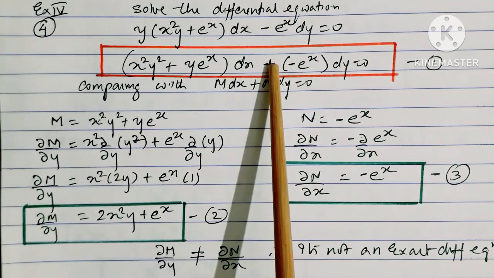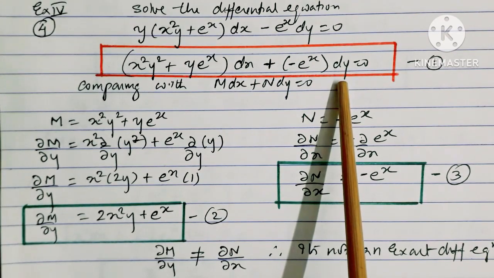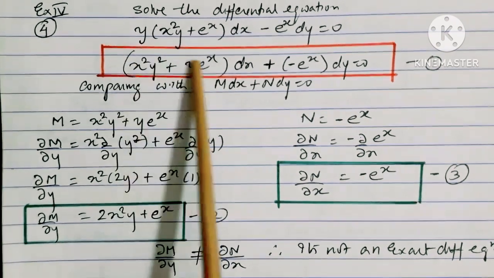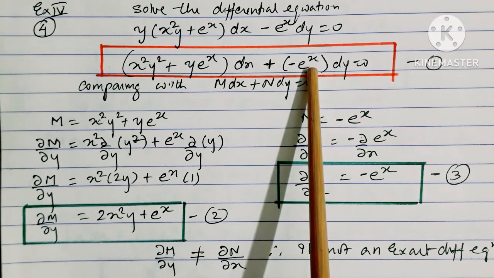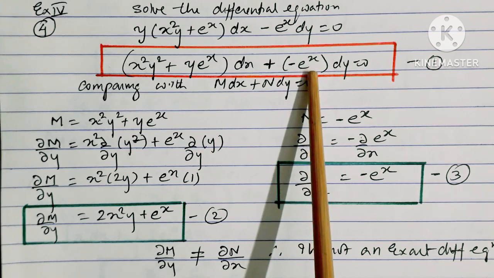Now since this given differential equation is not an exact differential equation, we will now have to find a suitable integrating factor such that when we multiply this given differential equation with that integrating factor, it will reduce to an exact differential equation and then we'll be easily able to solve it.